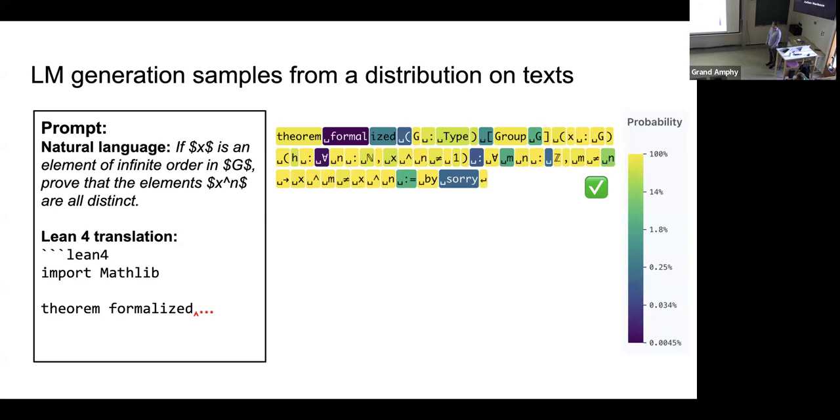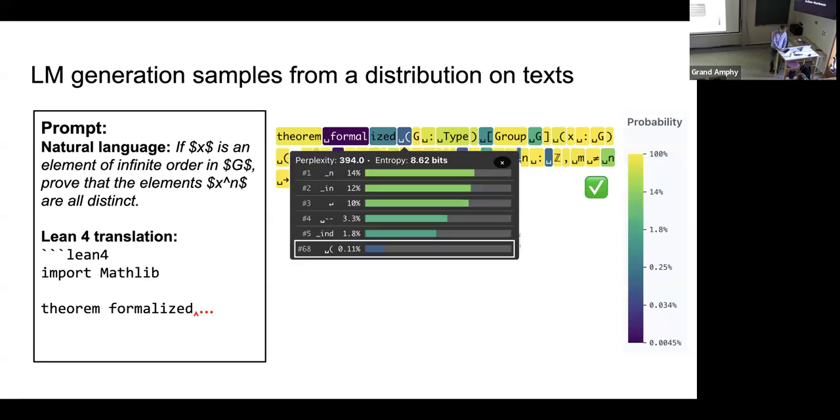So this is the correct formalization, one correct formalization of the statement. And you can see each of the blocks is one token that the LLM generates and assigns the probability to. For example, you can see that after the word formalized, the LLM considered various things, like the first two options want to continue the name of the theorem statement, the fourth option starts to write a comment, and one other option is to actually open a bracket.